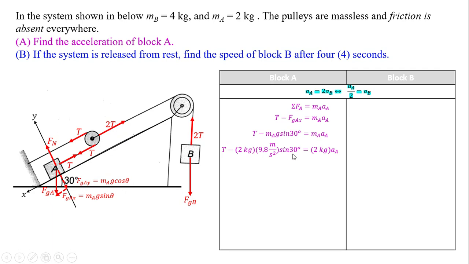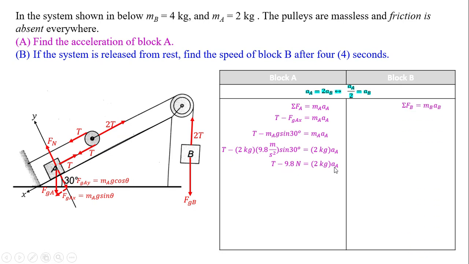Sine of 30 because the angle of the ramp is given. And then the mass of A on this side is also given, right? So if you simplify all this, 2 times 9.8 times sine of 30, that would just give you 9.8, because sine of 30 is a half on your calculator. And then a half cancels out with the 2, so it leaves you with just 9.8. So here I'm just going to clean up a little bit. T minus 9.8 equals 2 a_A.